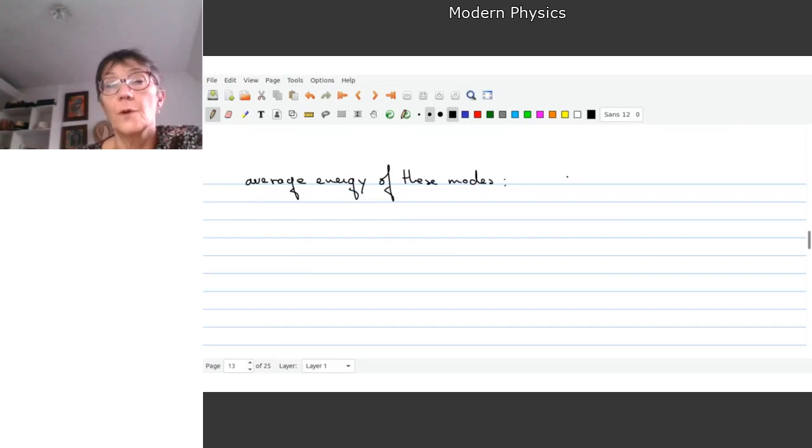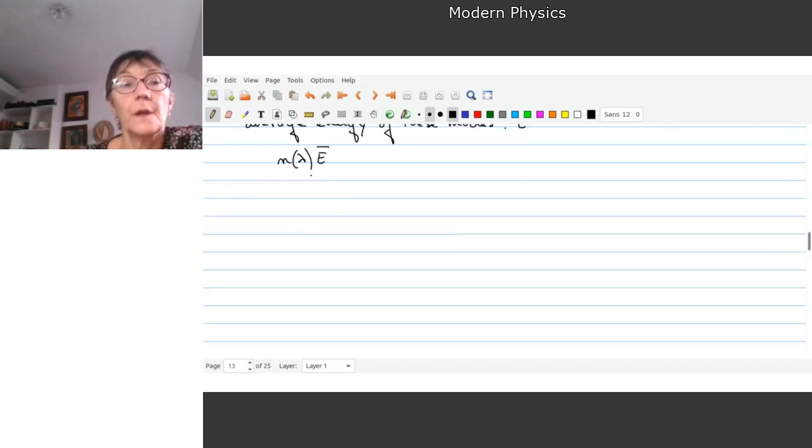I can call it E, and so n of lambda times this one will be equal to the energy.